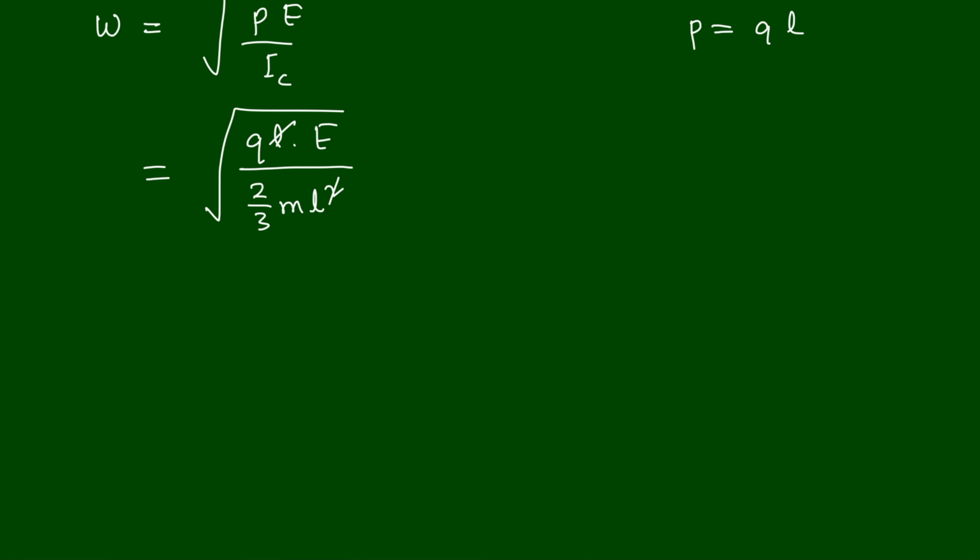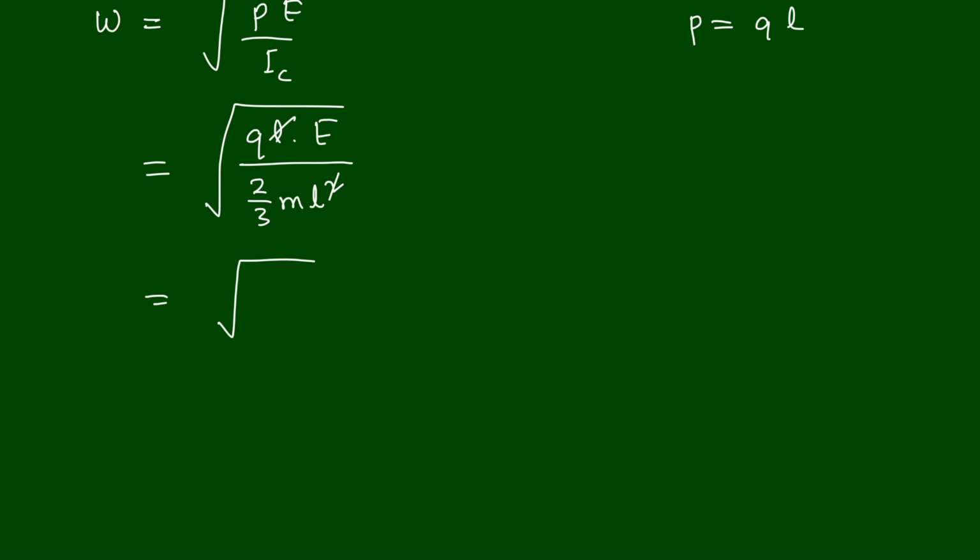Now L gets cancelled out and you will get square root of 3 qE by 2 m L. So this is actually the correct answer.